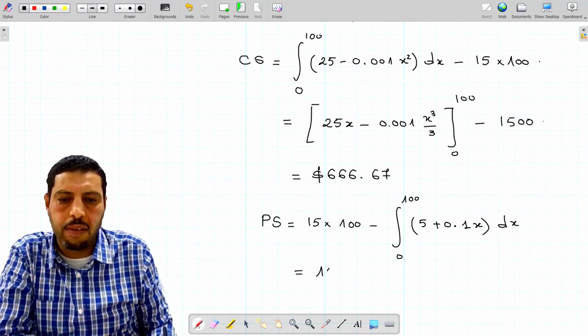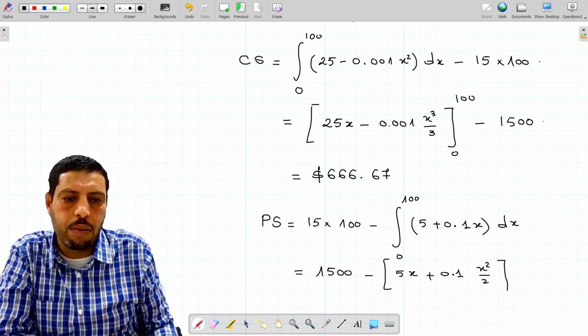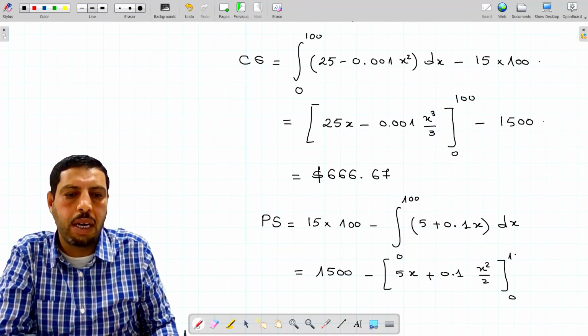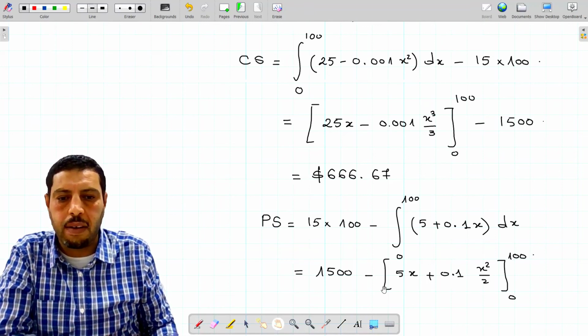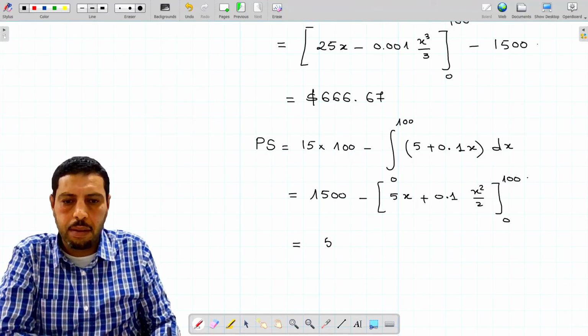So it's 1,500 minus this integral, which will give 5x plus 0.1 x squared over 2 taken between 0 and 100, and as a final result you will obtain $500.